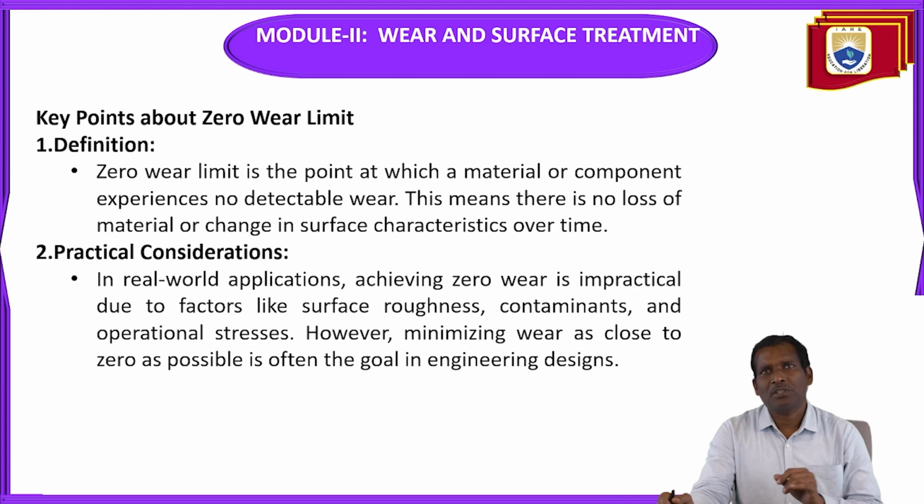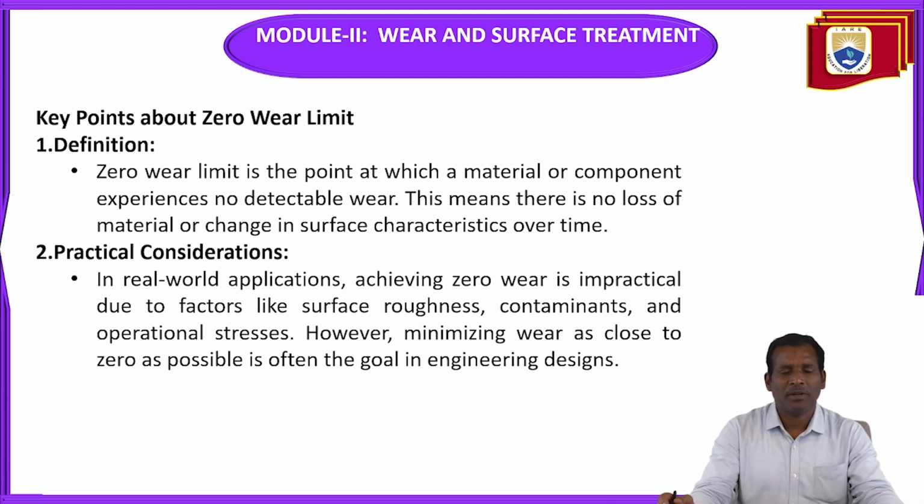The key points about zero wear limits are: one is definition, another one is practical considerations. The definition: zero wear limit is the point at which a material or component experiences no detectable wear. This means there is no loss of material or change in surface characteristics.